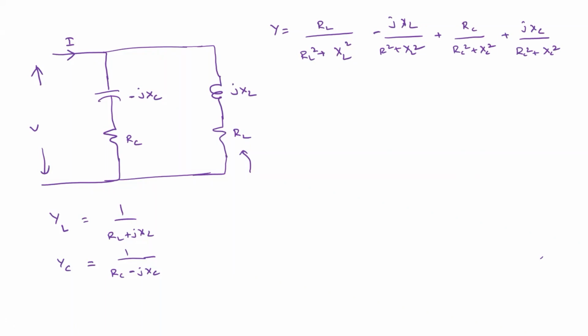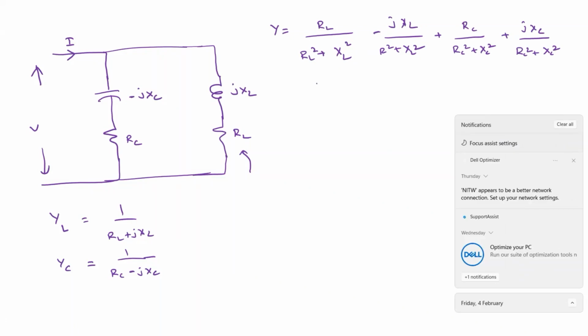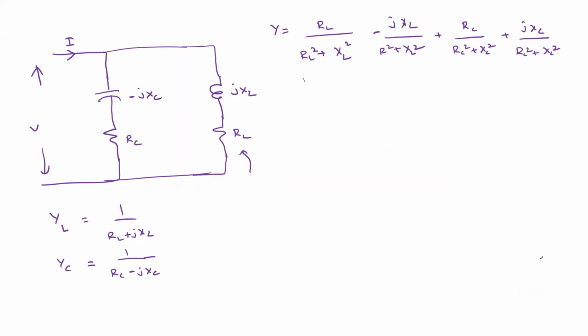Yes, sir. So the imaginary parts we need to equate to 0. The imaginary part is minus XL by RL square plus XL square, and the next one is XC by RC square plus XC square, which is equal to 0.